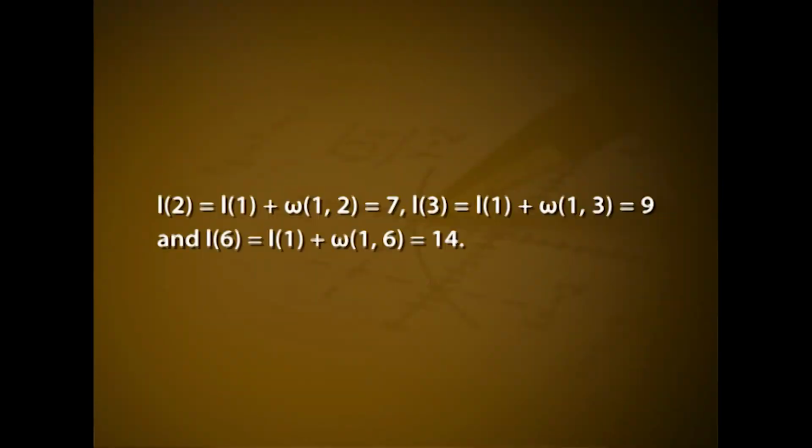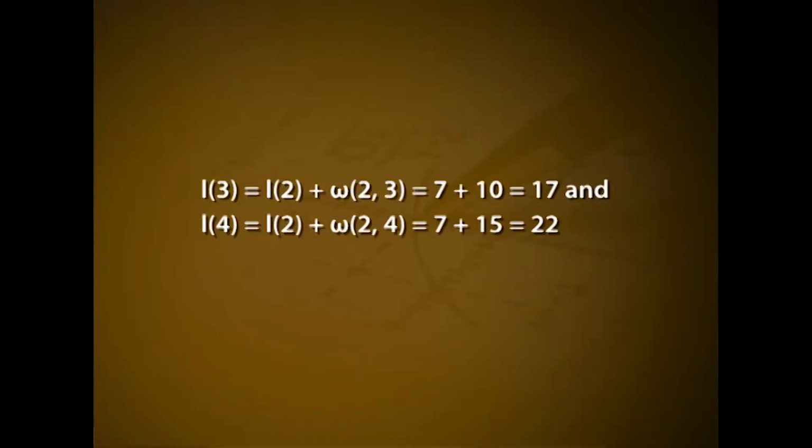We calculate the lengths of the corresponding paths as L(2) = L(1) + W(12) = 7, L(3) = L(1) + W(13) = 9, and L(6) = L(1) + W(16) = 14. The minimum value is L(2) = 7. So we temporarily reach the vertex 2 in the second step.